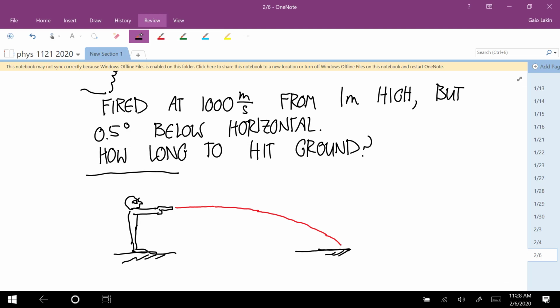So again, I'm going to choose the coordinate system to be on the ground right below where it's fired with the y-axis up and the x-axis horizontal. And this distance is going to be 1 meter again.